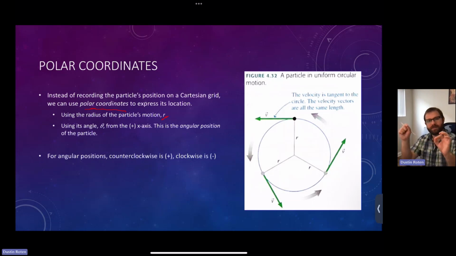So if we know its distance from the center, and then if we know its angle, essentially how far it is from the positive x-axis, we can replace x and y with r and theta. So we can actually switch to r and theta. And if you think about it, if a particle is always moving in circular motion, r and theta is enough to actually keep up with where this particle is. So it's a nice little substitution that simplifies all the math in circular motion.